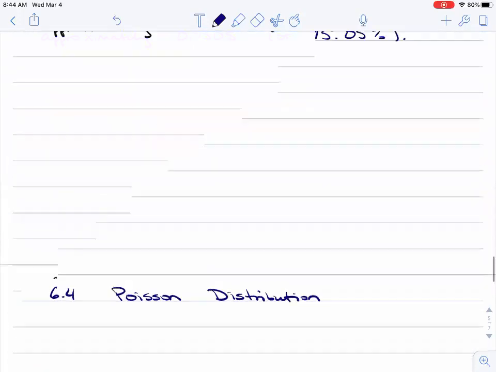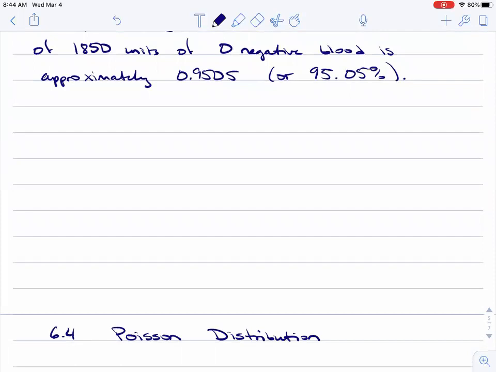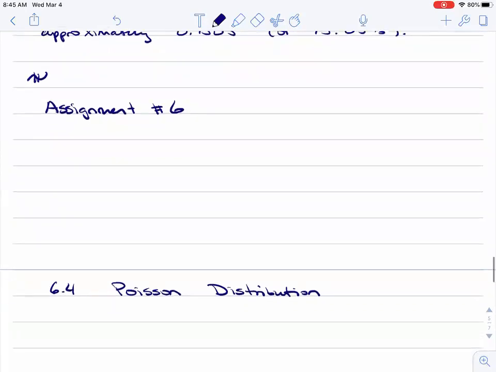One thing that I wanted to point out from assignment 6: assignment number 6 starts off and asks you, what's the probability that Z is less than this, greater than this? And so you use your Z table to find it. But one of the questions asks something like, what's the probability that the absolute value of Z is larger than 2? We have to think about how the absolute value behaves.